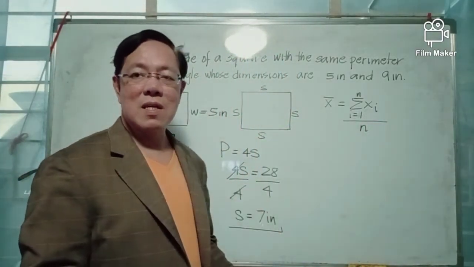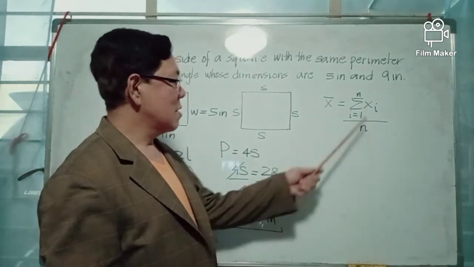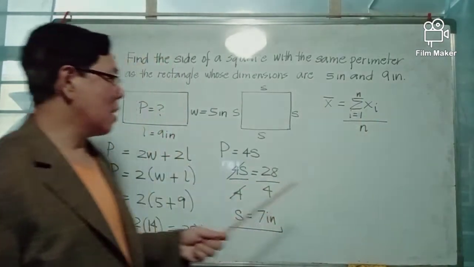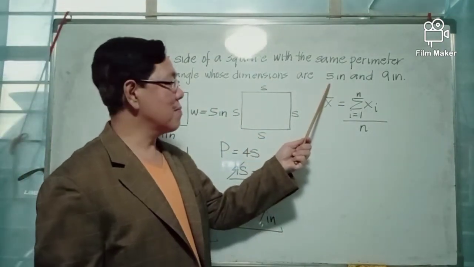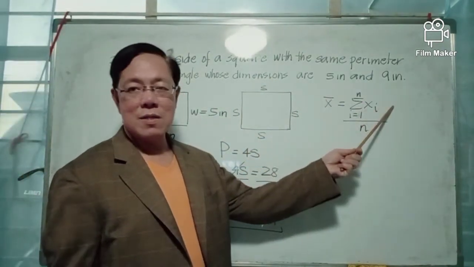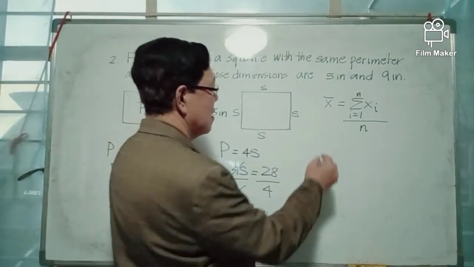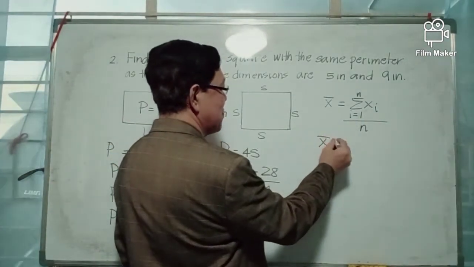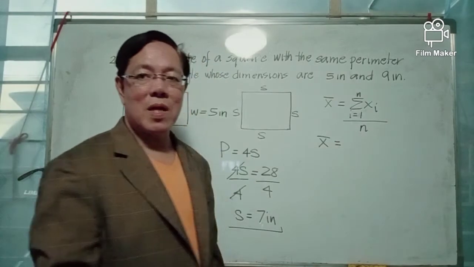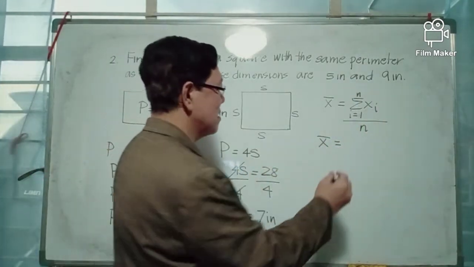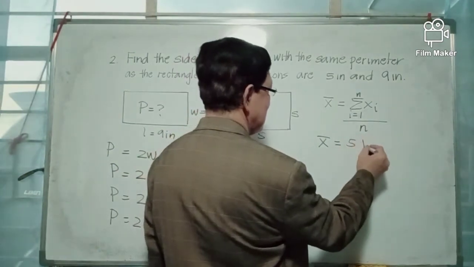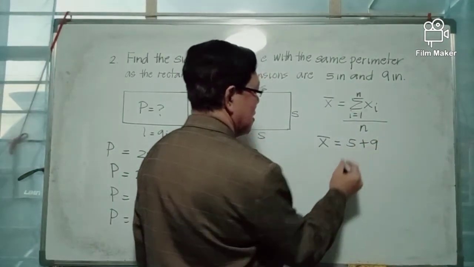For this particular example, the values x sub i that we will use are the dimensions of the rectangle, 5 inches and 9 inches. And we get the mean of these 2 dimensions of the rectangle by adding 5 and 9.